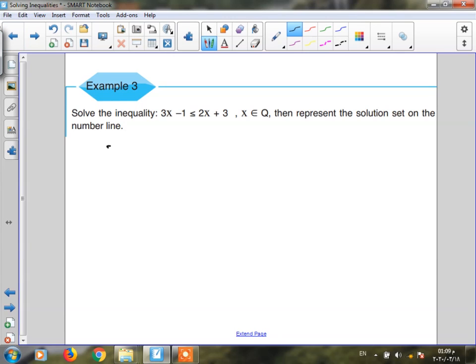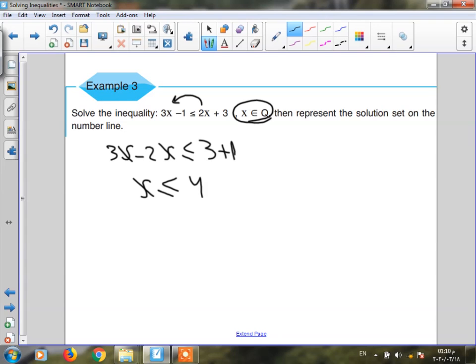Like the equation, 3x minus 1, I will take 2x to the other side by negative, minus 2x. And take negative 1 to the other side by positive, 3 plus 1. 3x minus 2x, so I have x less than or equal 3 plus 1, which is 4. Okay. What are the numbers less than or equal to 4 but in rational numbers?